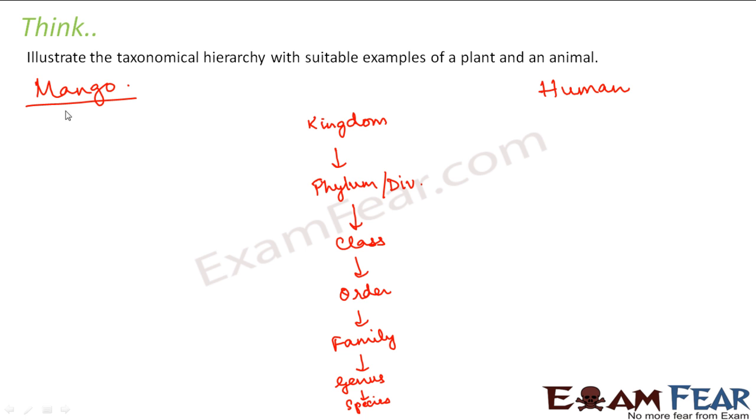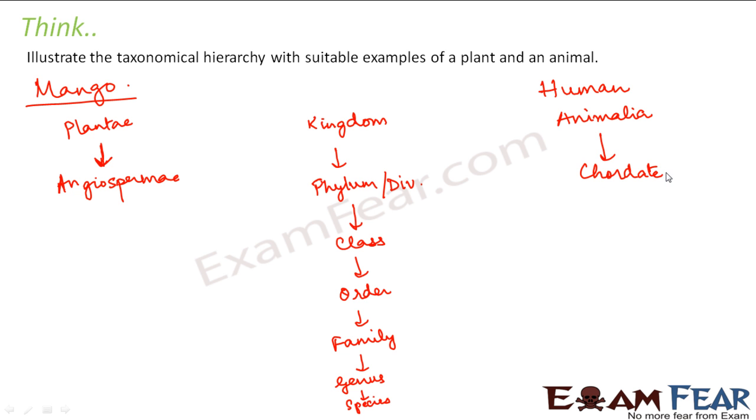What is the kingdom to which mango belongs? Plantae. What is the kingdom a human being belongs to? Animalia. What is the division to which mango belongs? It falls under the category Angiosperm, that is the flowering plants. So this will be Angiospermae. What is the phylum under which human beings belong? They are chordates because they have a notochord.